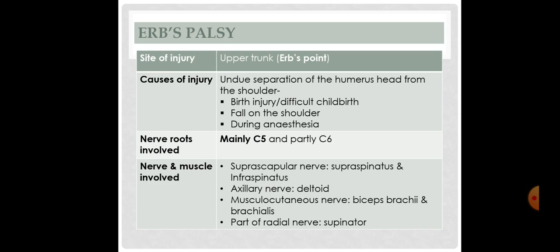We know that the musculocutaneous nerve supplies three muscles: coracobrachialis, biceps brachii, and brachialis. All these muscles are involved in elbow flexion, and supraspinatus is involved in arm abduction.